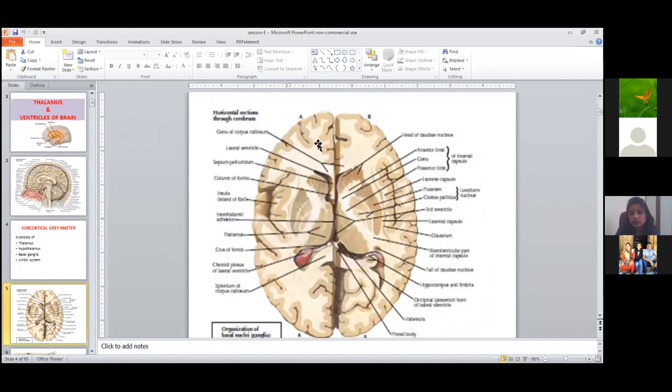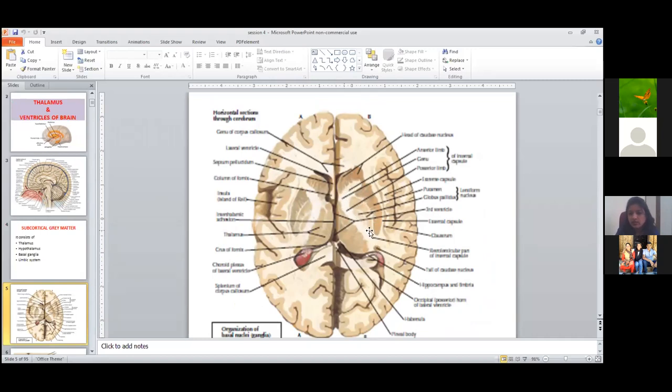This is called a coronal section. At the level of the interventricular foramen, you can make out the thalamus here, and here the parts of the basal ganglia. And this is the internal capsule.